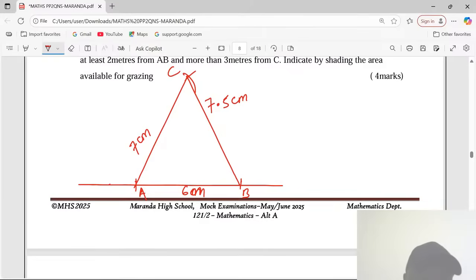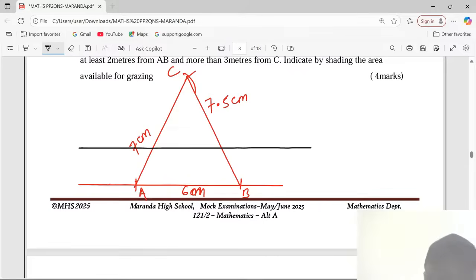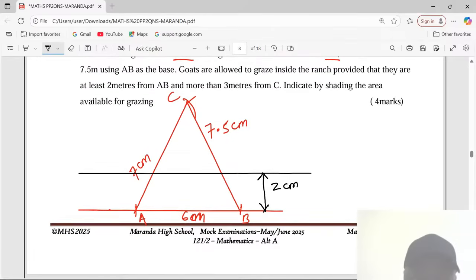Therefore, to ensure that we are 2 meters away from AB, that is a locus of points which are at a fixed distance from a fixed line, we draw a parallel line to it, 2 centimeters away from AB, to represent the 2 meters.